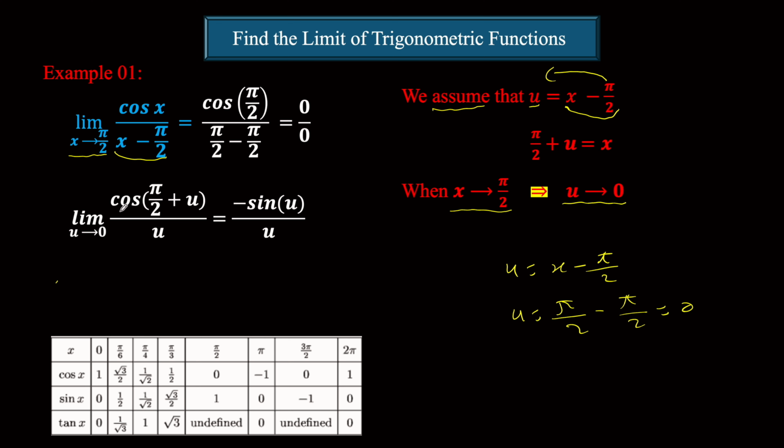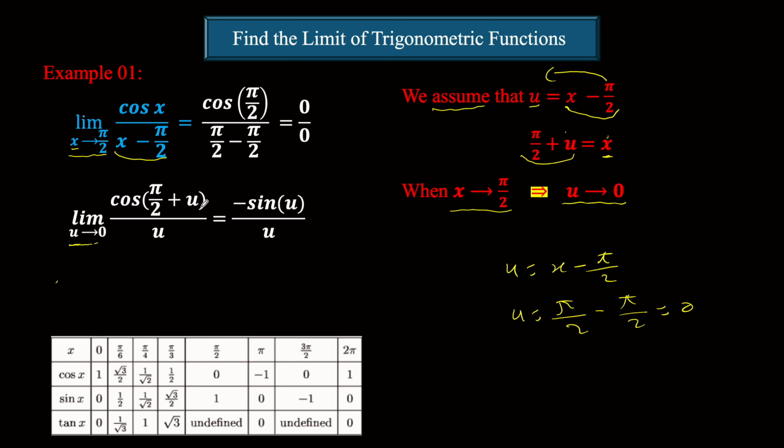Then we rewrite our equation. What we'll do is, we'll say find the limit as u approaches 0. So you see, before we had x, in this case we substitute each x by u, okay? So u approaches 0 for cosine of, so what is x here? X here is this one. So x is equal to this one, okay? So this part is equal to this part, and this part is equal to this part.